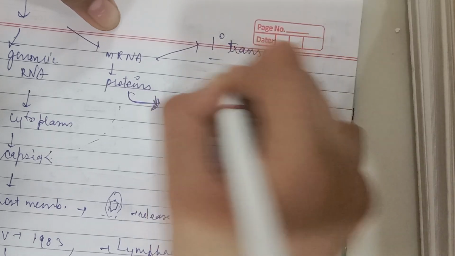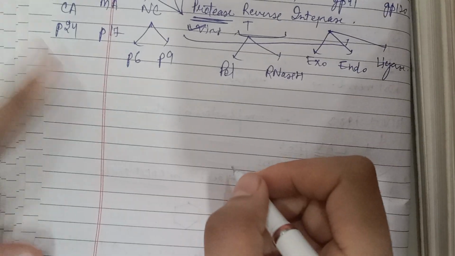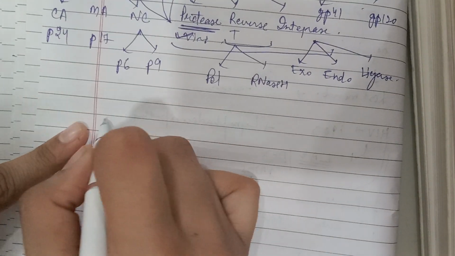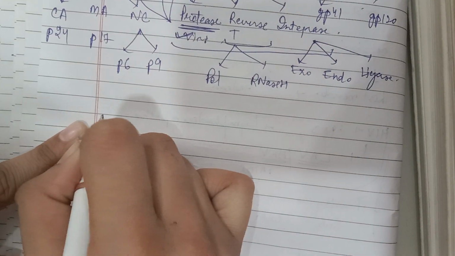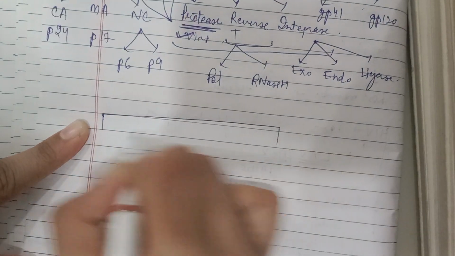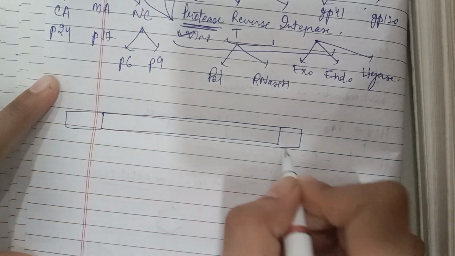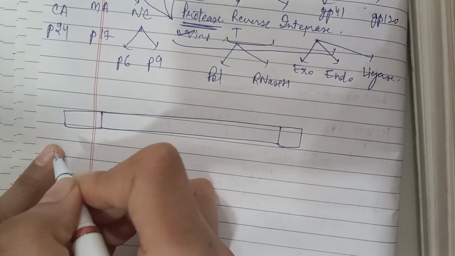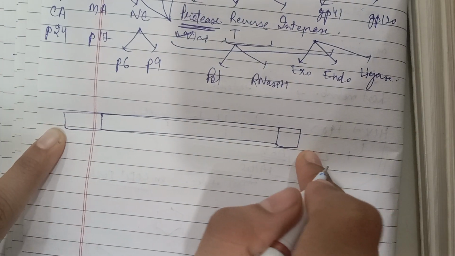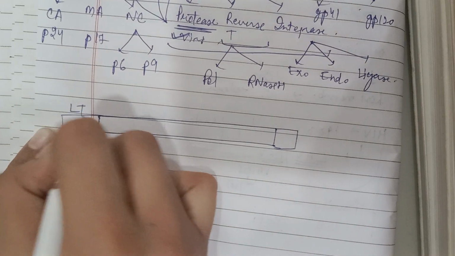Now there's a mechanism of how this is spliced and transported to the cytoplasm. There are 9 genes present in the viral RNA, and there are some terminal repeats at both the ends of this genome, this RNA. These are long terminal repeats.